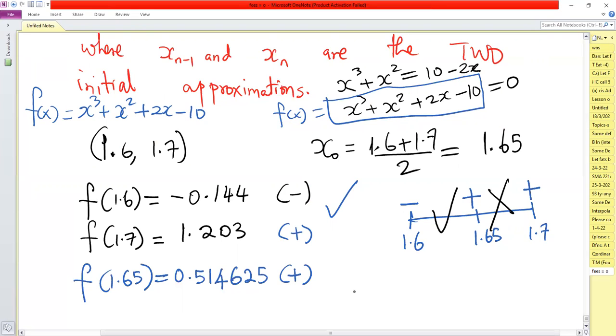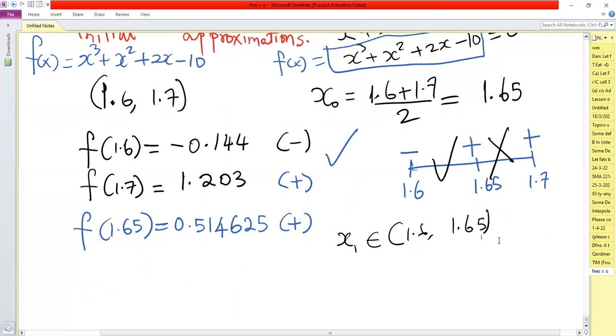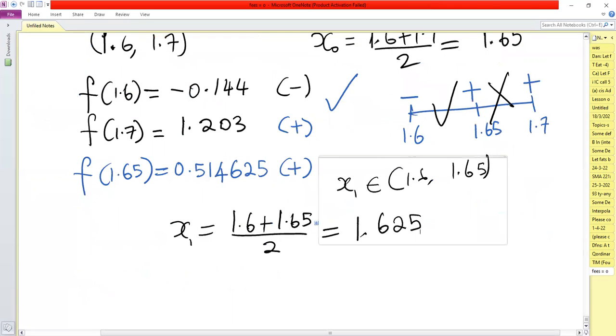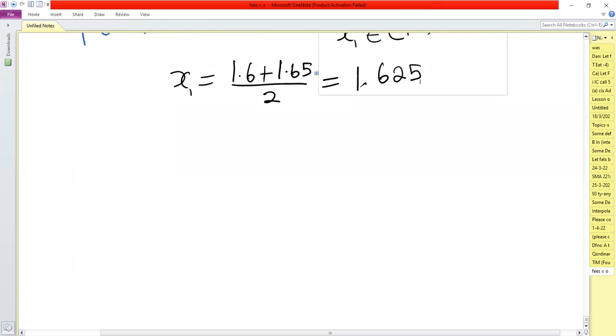Which means x1 lies between 1.6 and 1.65. To be exact, x1 will be the average of these two values, 1.6 plus 1.65, divided by 2, which gives 1.625.